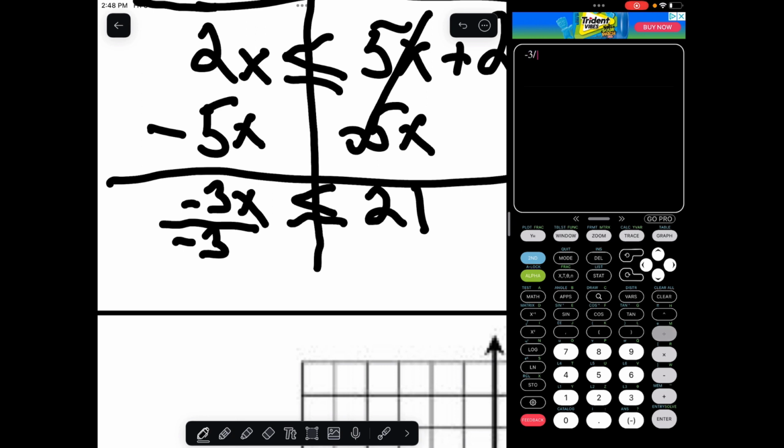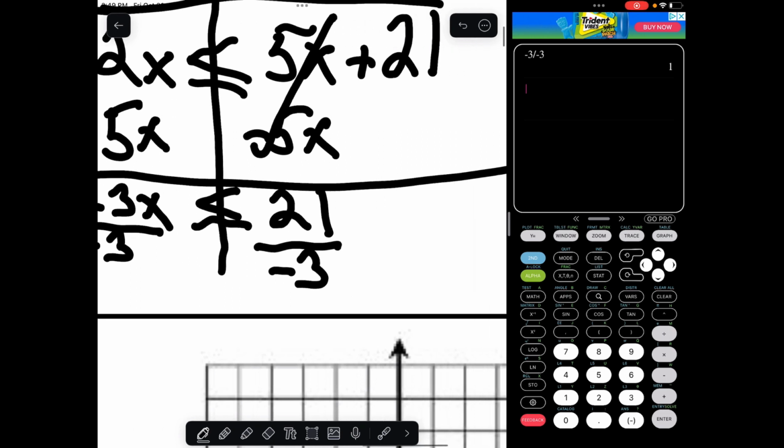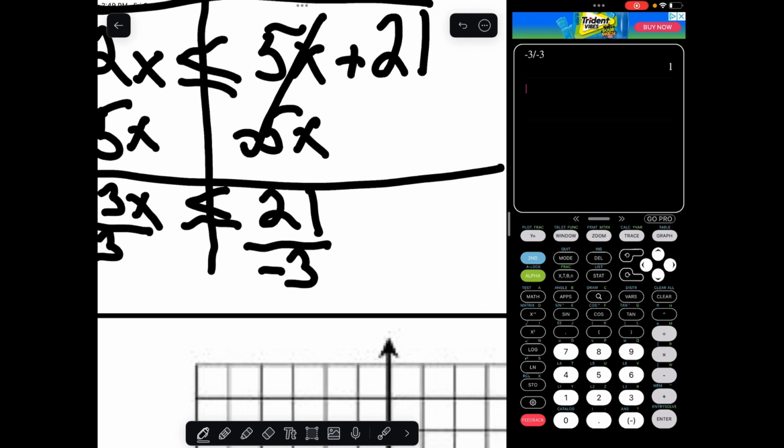Negative 3 divided by negative 3 equals 1. That's what I want. I want 1x. What I do on one side, I have to do to the other. Negative 3 divided by negative 3 is positive 1x.